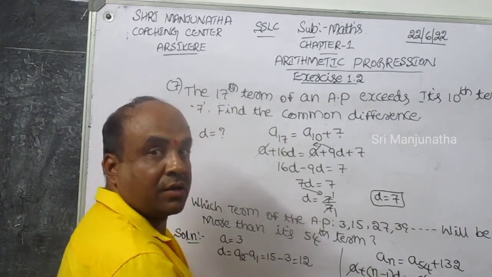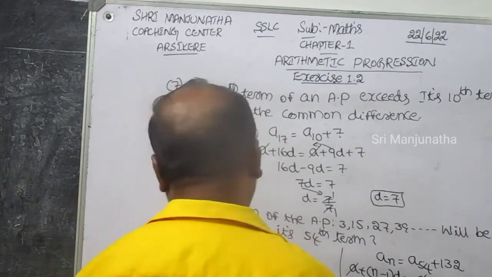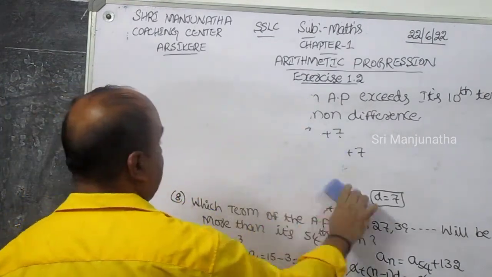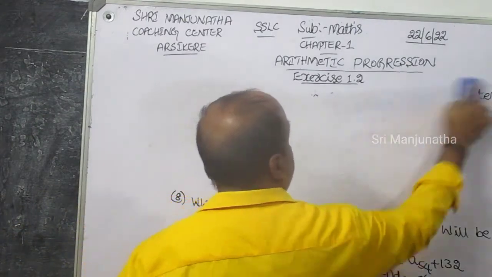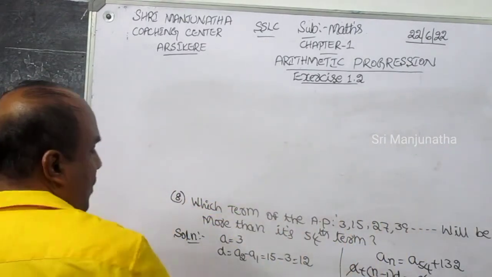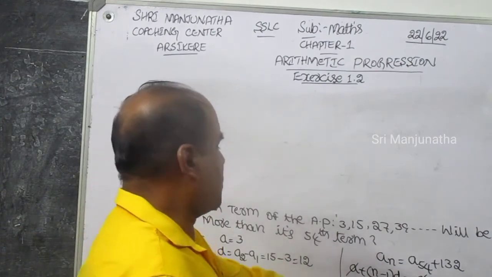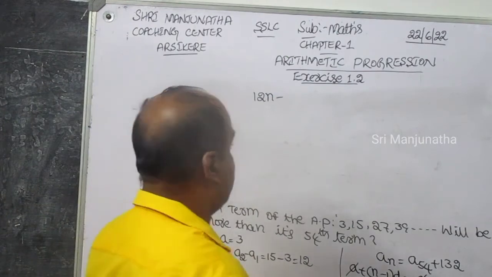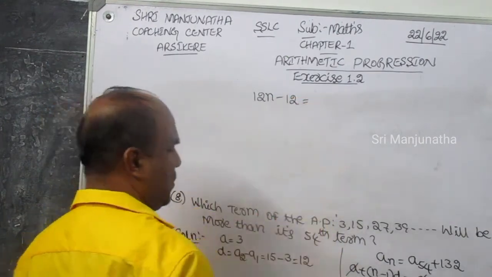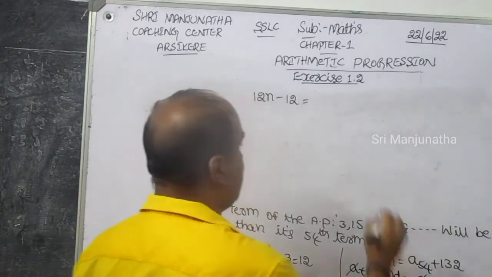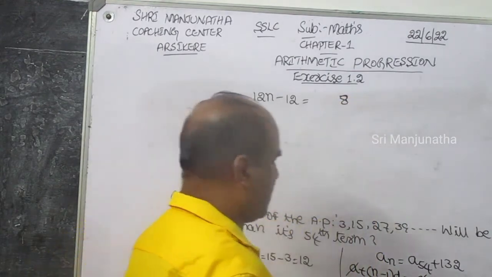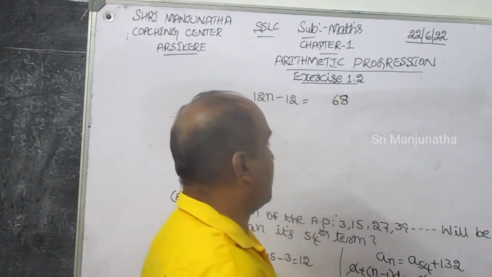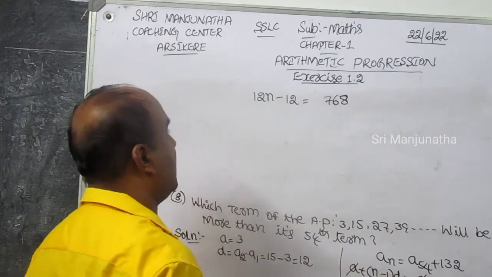Okay, once again I have to write on the above. Okay, once again, n minus 1 into 12 is how much? 12n minus 12 ones are 12, equals here how much? 6 plus 2 is 8, 3 plus 3 is 6, 6 plus 1 is 7, 768.